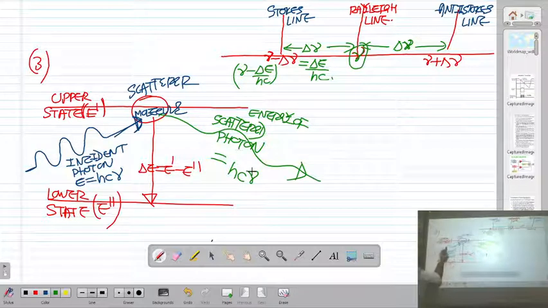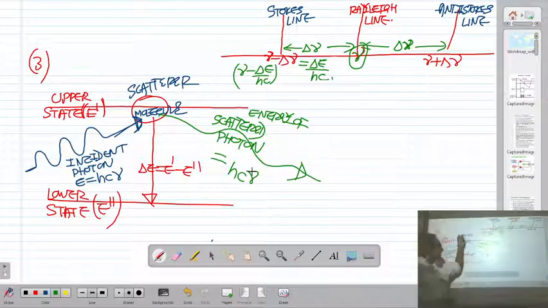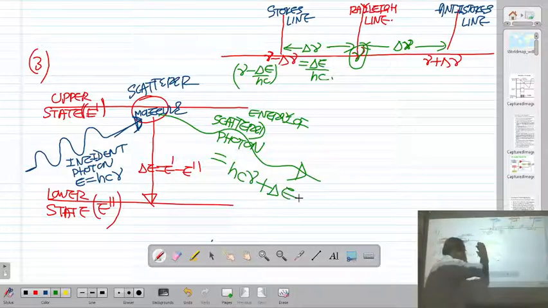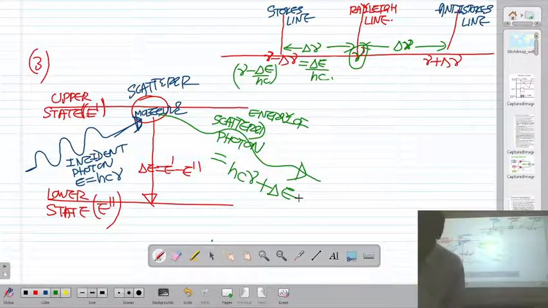Now, when a light photon of energy h nu collides with the scatterer molecule in the upper state E dash, the light photon will absorb delta E energy, and the scatterer molecule comes back from the upper state to the lower state. When the photon is scattered, its energy will be h nu plus delta E. So the energy of the scattered photon is increased.